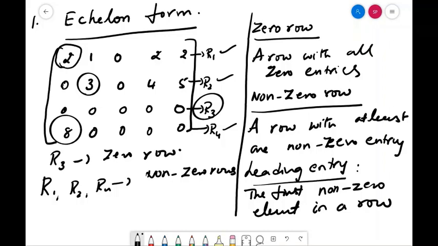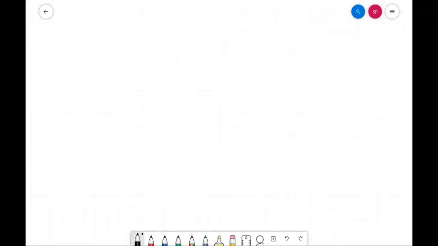Now let us see, when do we call a matrix to be in echelon form? So let us see the definition of echelon form.